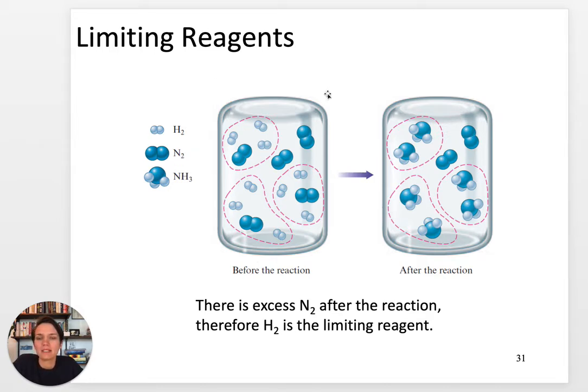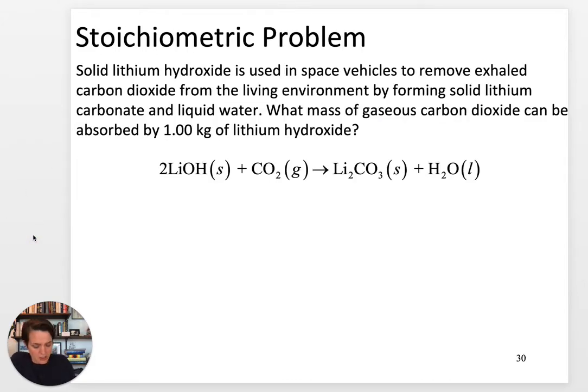Okay, so limiting reagents are going to be really important for us to consider in situations where you're given information about 2 reactants and you're asked to find information about a product. Going back quickly to our last problem, our question was, what was our mass of CO2 generated from this much of our reactants?